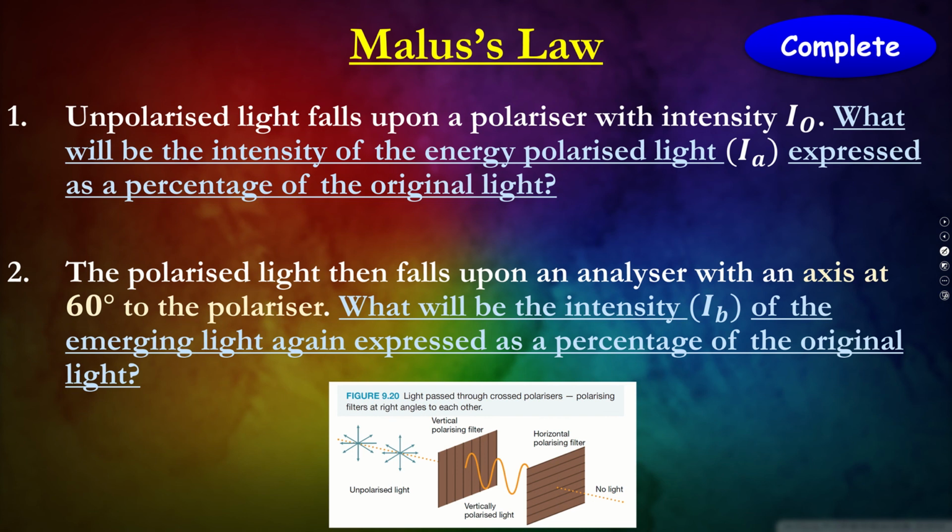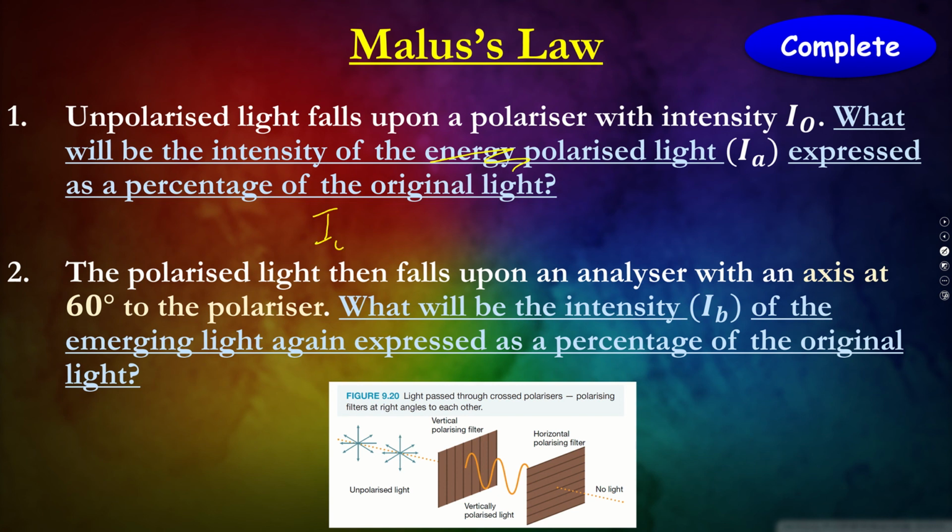Okay, let's have a quick look at some questions. So we have unpolarized light going through a polarizer with intensity I0. What will the intensity of the polarized light be expressed as a percentage?